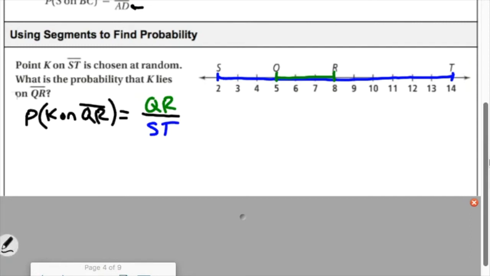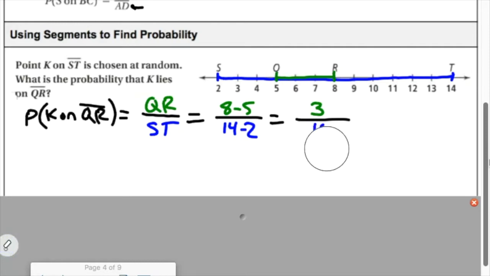And I know a couple things. If you look at how long this segment is, we can subtract the endpoints. The length of this segment is 8 minus 5. The length of the segment on the bottom is 14 minus 2. So again, 8 minus 5 is 3, 14 minus 2 is 12, my bad.